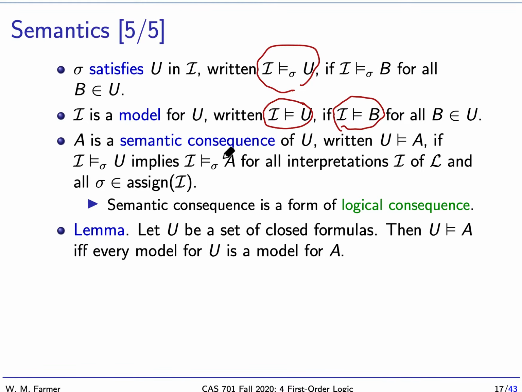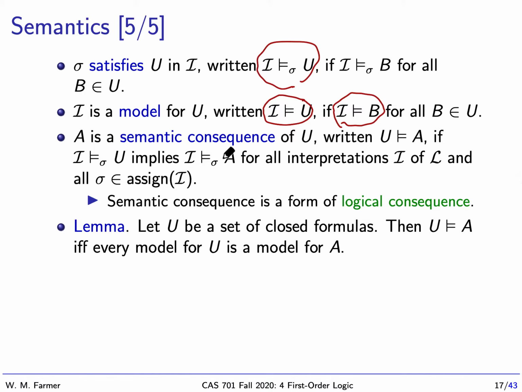A is a semantic consequence of U, which means, roughly speaking, A logically follows from U, which we write like this. A is a semantic consequence of U, we write like this, if sigma satisfies U in I, it implies sigma satisfies A in I, for all interpretations I and all assignments sigma.